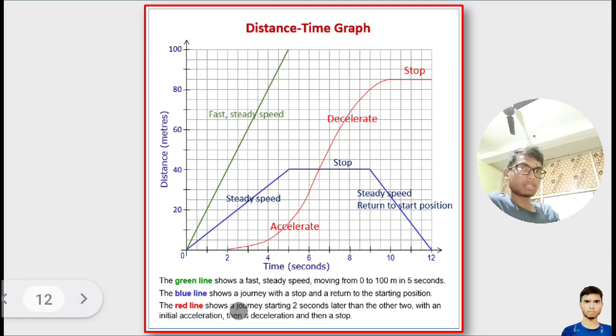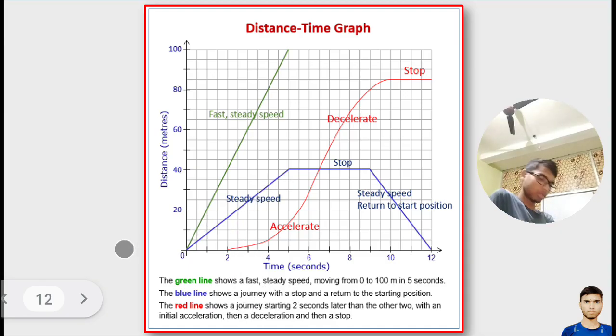The blue line shows a journey with a slope and a return to the starting position. The red line shows a journey starting 2 seconds later than the other two, with an initial acceleration, then a deceleration, then a stop. It is in book language.